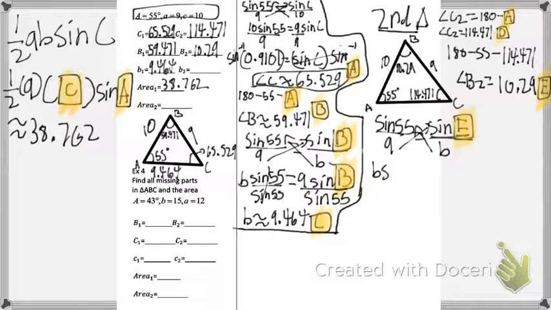B sine 55 equals 9 sine E. Sorry if that's not a good E. And now let's divide sine 55 from both sides because we want to get B alone on the other side.